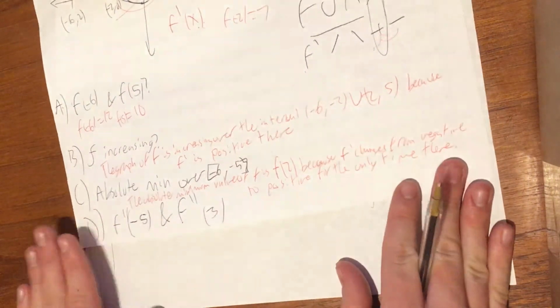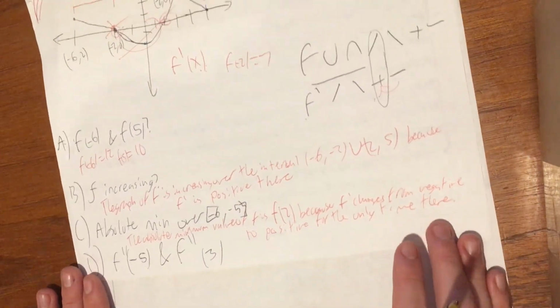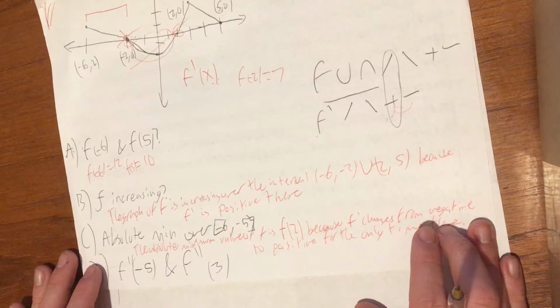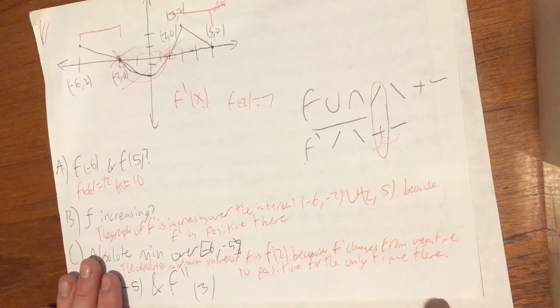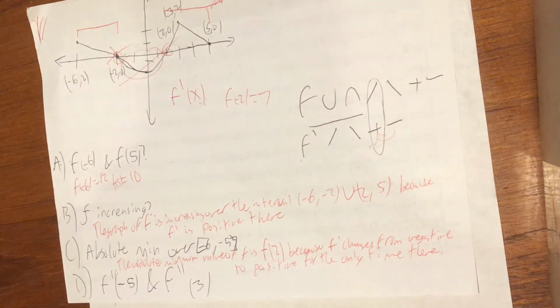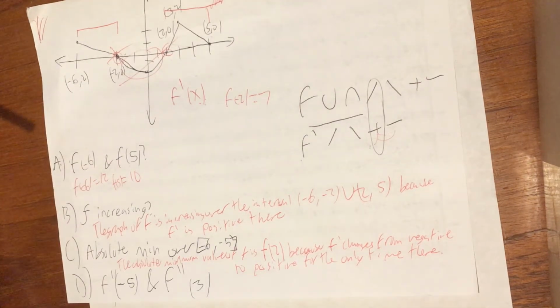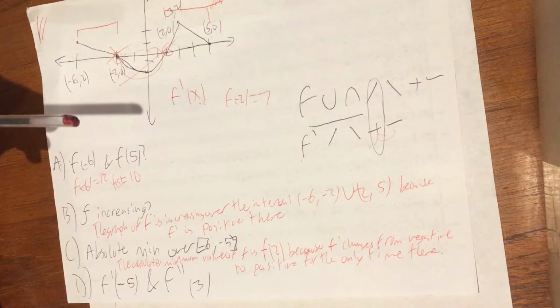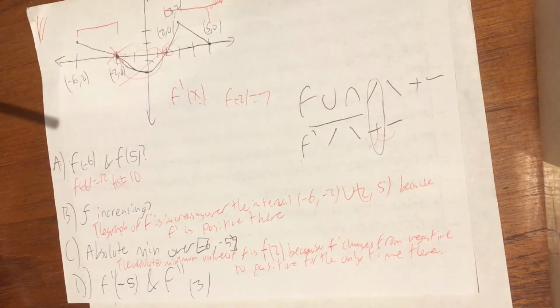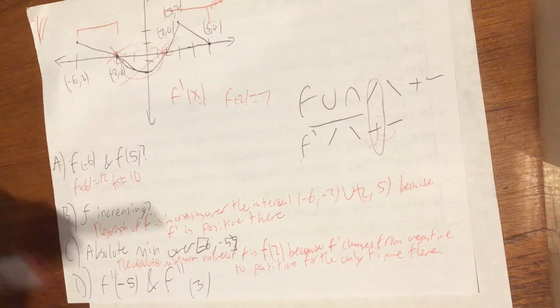Now, the last question asks for f double prime of -5 and f double prime of 3. So we already know that f prime, which is the graph here that they give us, is the slope of f, and f double prime is the slope of the f prime graph.